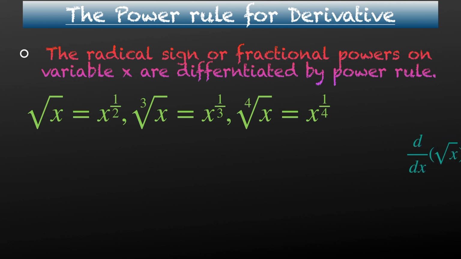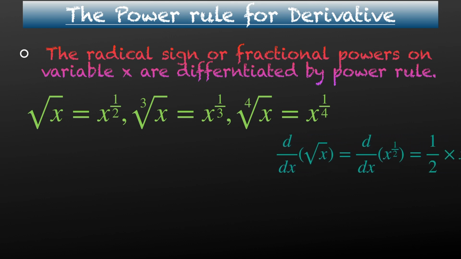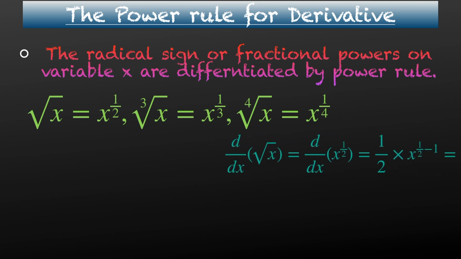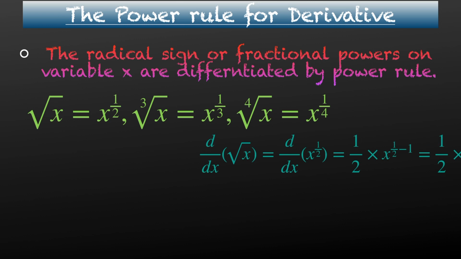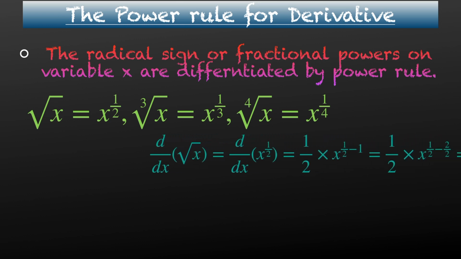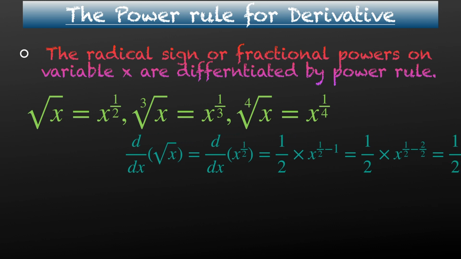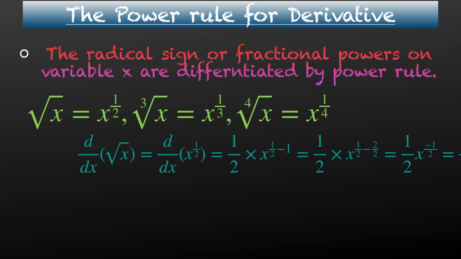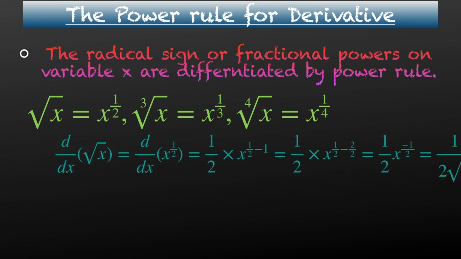You need to write under root x as a fractional power and it becomes x raised to power 1 over 2. Now what is the derivative of that function? By using the power rule, bring 1 over 2 up front and it is going to be 1 over 2 multiplied by x raised to power 1 over 2 minus 1. To solve the fraction 1 over 2 minus 1, you need to get a common denominator.